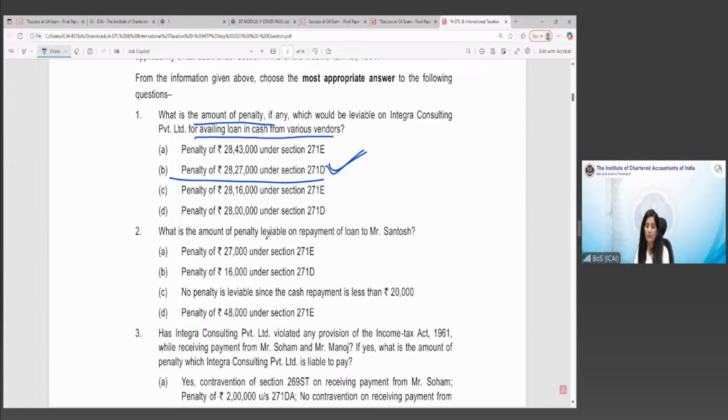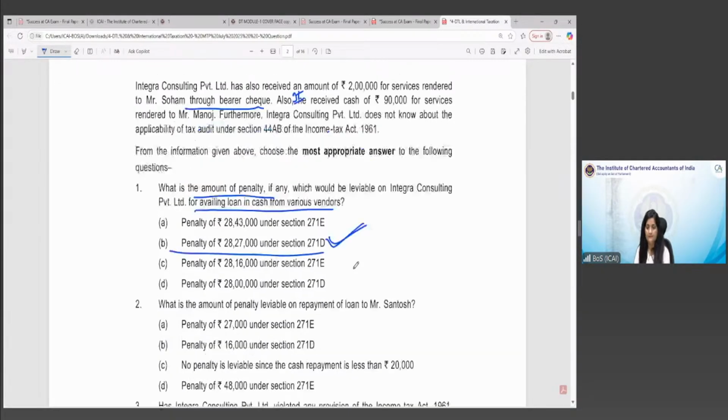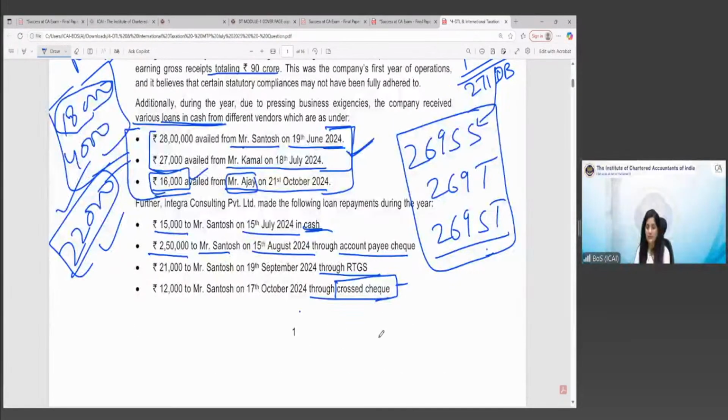What is the amount of penalty leviable on repayment of loan to Mr. Santosh? Repayment के time पे what penalty will be leviable? These are the figures.